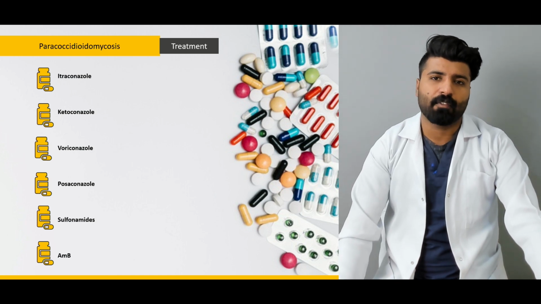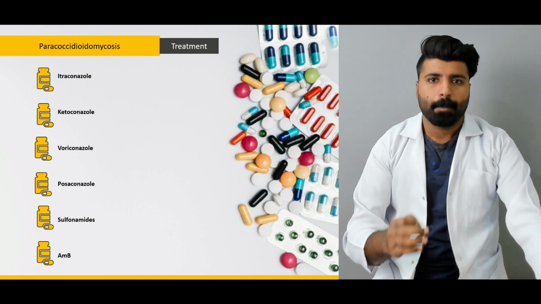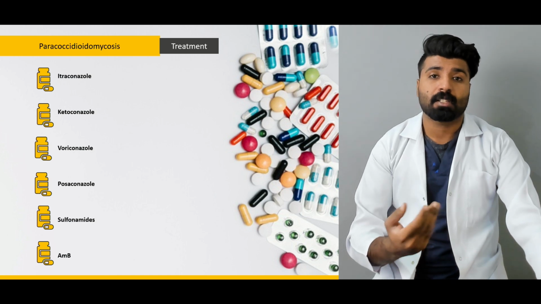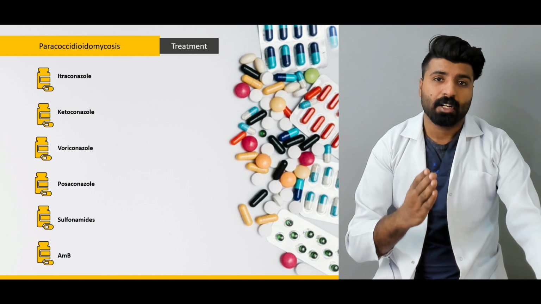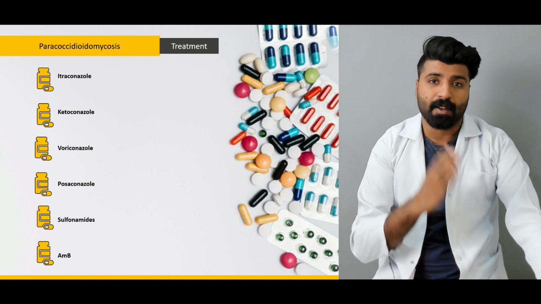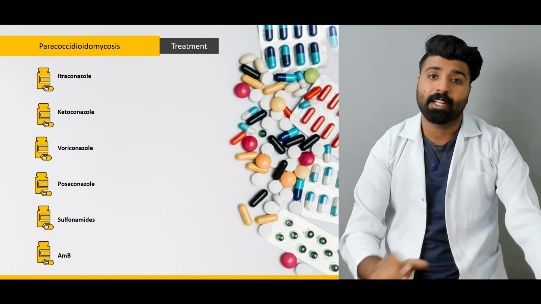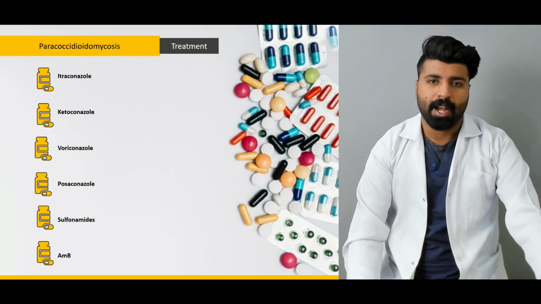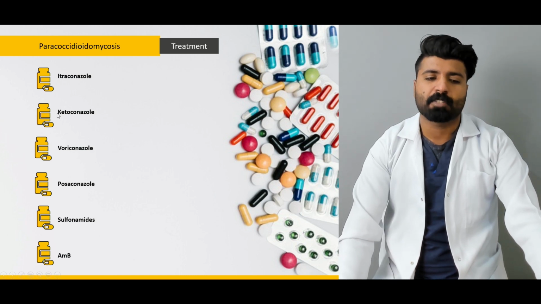Amphotericin B is used in kind of all the fungal infections, but amphotericin B is given in very monitored doses, because if somehow there's resistance development regarding the strains of amphotericin B, it's very difficult to treat any kind of fungal infection with any kind of antifungal drug. So these are the group of drugs which are used in this pathology.